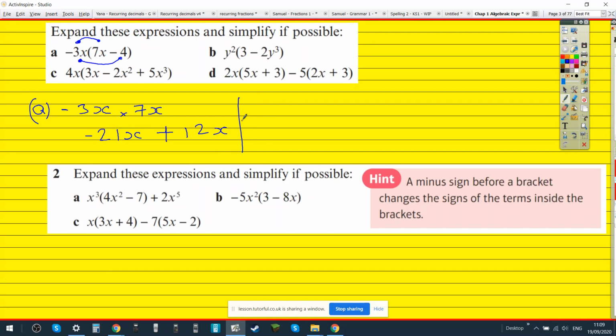Let's do the one underneath it. Question C. So 4x times 3x is 12x squared. x times x? x squared, right? Yeah. And then 4 times minus 2x would be minus 8x.